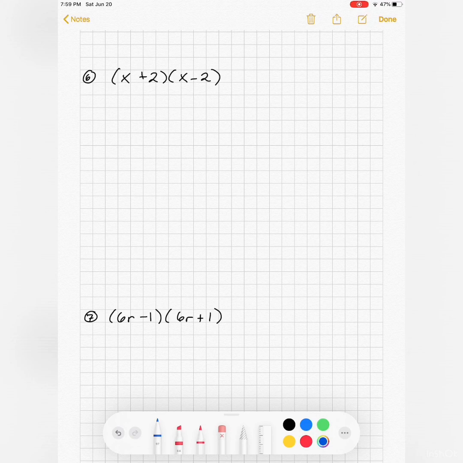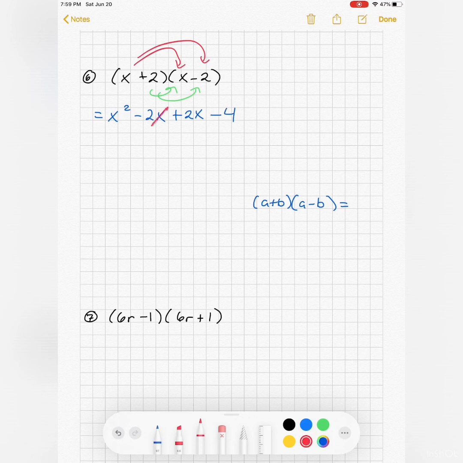This is a special form. So you'll notice here, you have an a plus b times an a minus b. So let's see what happens when we FOIL this. So we get x squared minus 2x plus 2x minus 4.